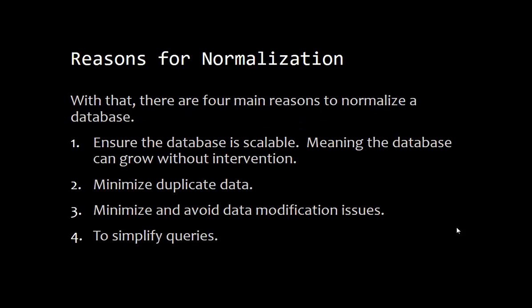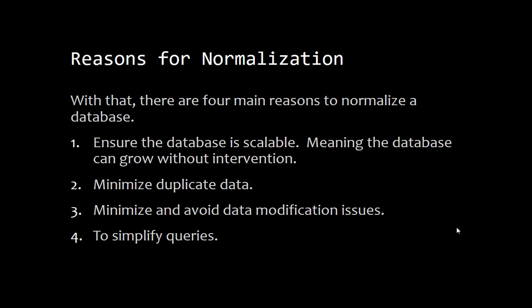All right. So what are the reasons for normalization? There are four main reasons to normalize a database. Ensure the database is scalable, meaning the database can grow without intervention. Minimize duplicate data, minimize and avoid data modification issues, and simplify queries. Makes sense, right? You've played with queries thus far.